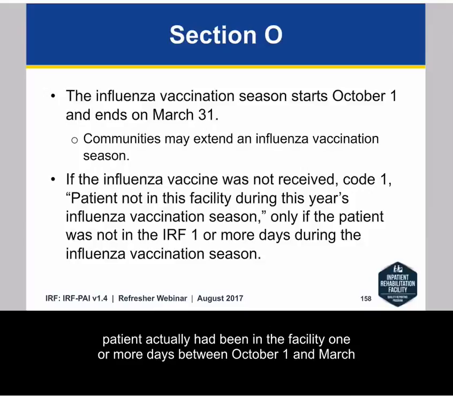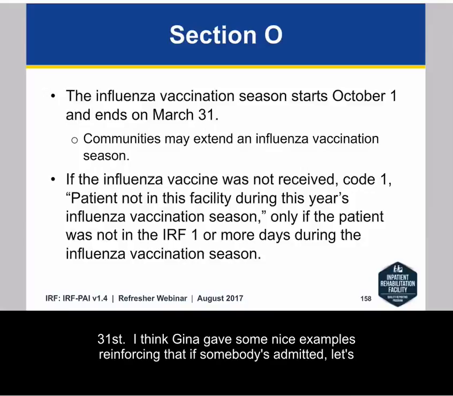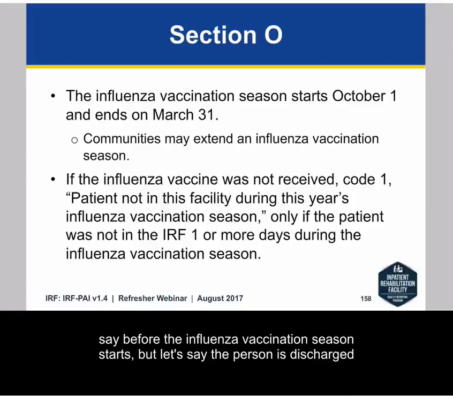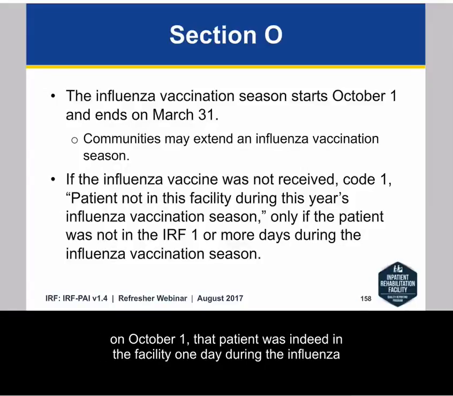So I think Gina gave some nice examples reinforcing that, if somebody's admitted, let's say before the influenza vaccination season starts, but let's say the person is discharged on October 1, that patient was indeed in the facility 1 day during the influenza vaccination season.